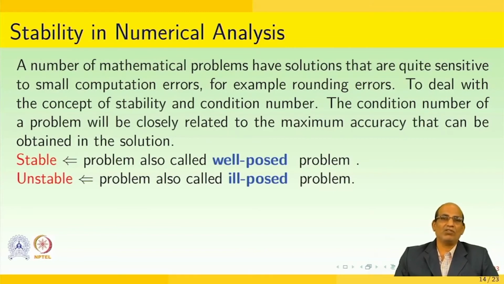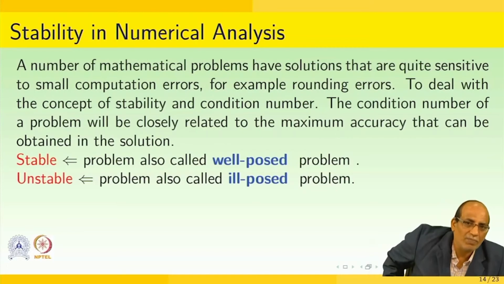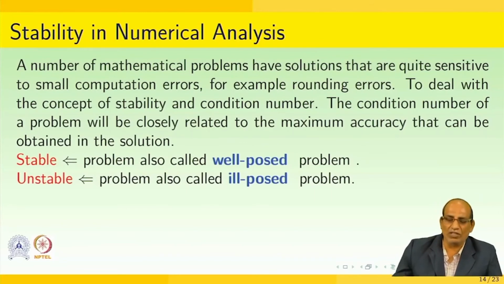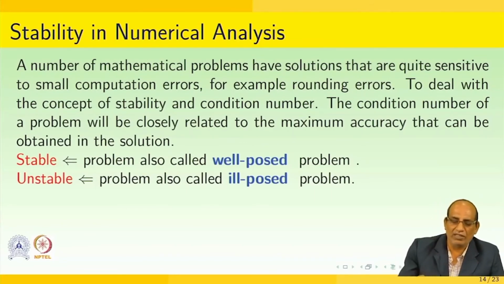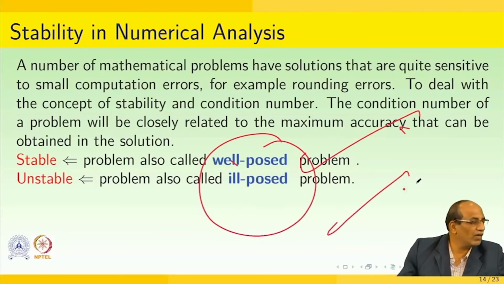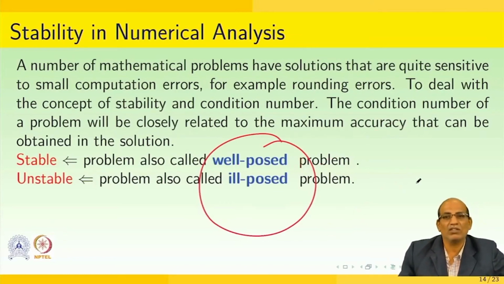A stable solution we also call well posed, and when the problem is unstable, we call it an ill posed problem. Finding a solution to an ill posed problem is a very difficult task, and well posed is quite easy. We can find the solution to those.